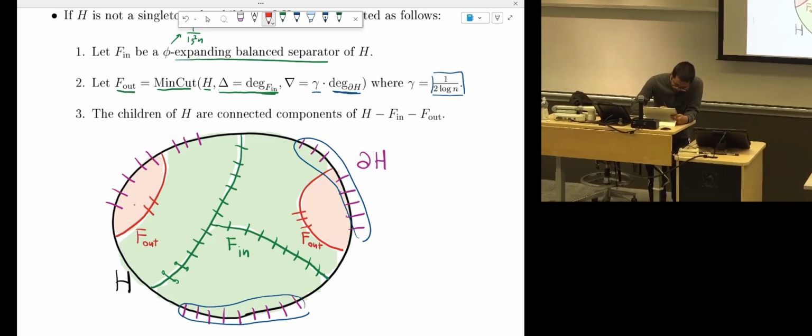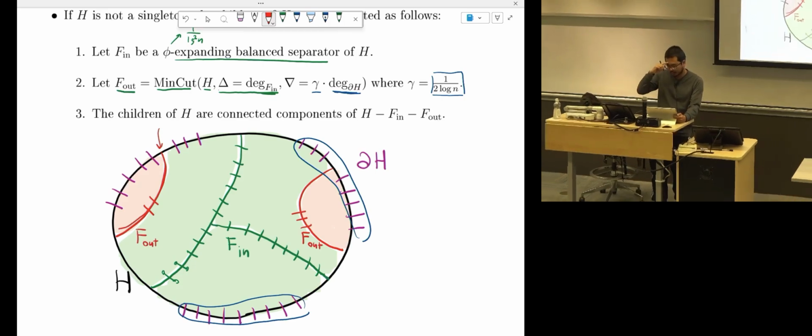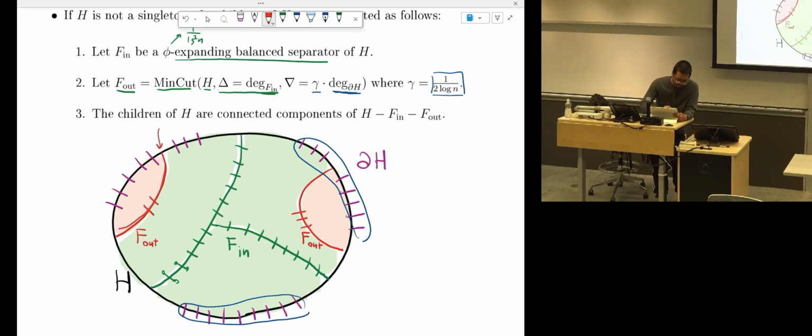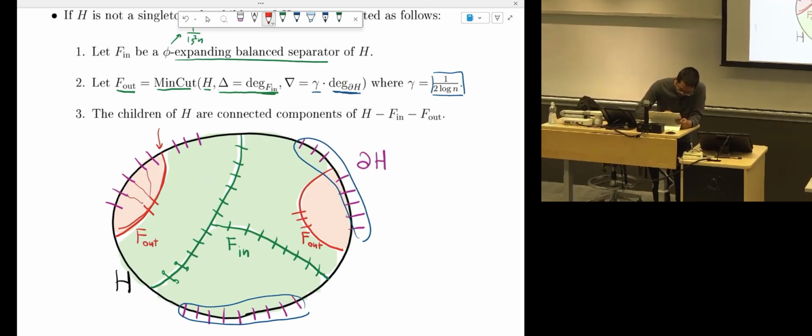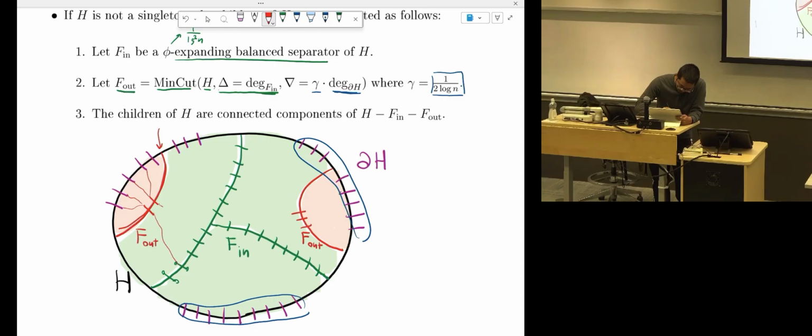For example, there might be a min cut that separates them basically. So what you get is something like this, right? This is the min cut, so there is always some flow here and flow here.